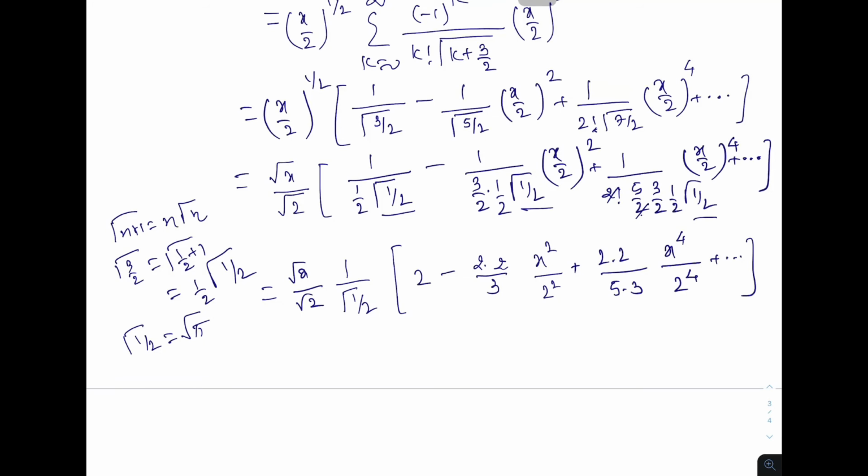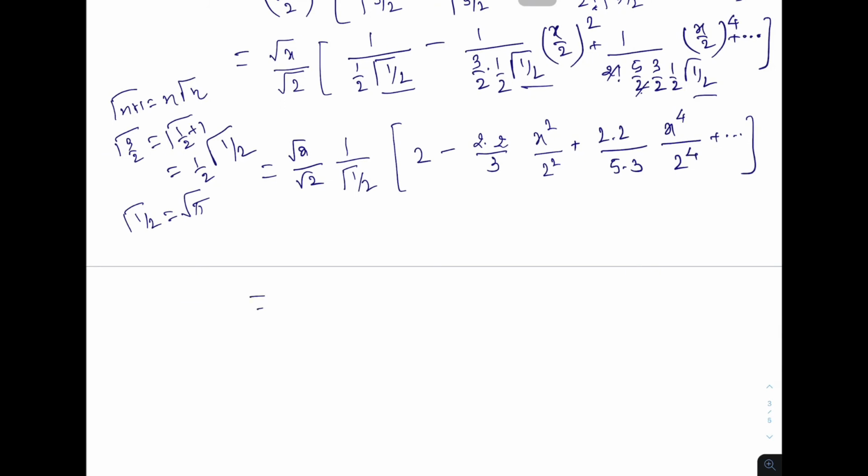Okay, this is equal to, now gamma half equal to root pi, so this is root x over root 2 over root pi, and let us take this 2 outside. If I take 2 outside, here it is 1, so this 2 also goes outside.